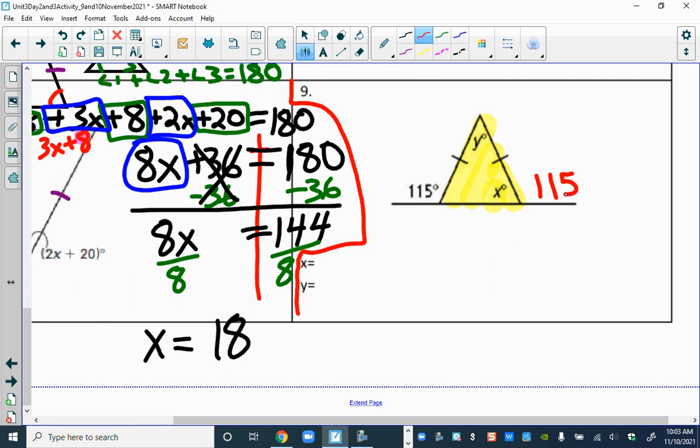Because if this side is 115, then inside the triangle, what can we designate inside the triangle? So to the right of the 115 inside the triangle, how can we designate this angle right here, the missing one? Okay.